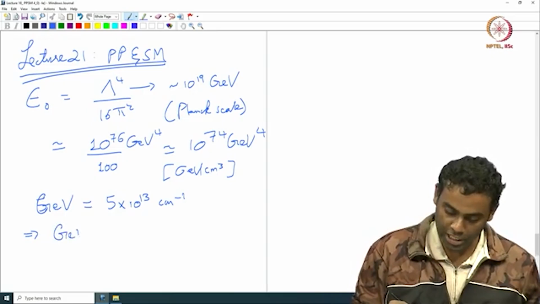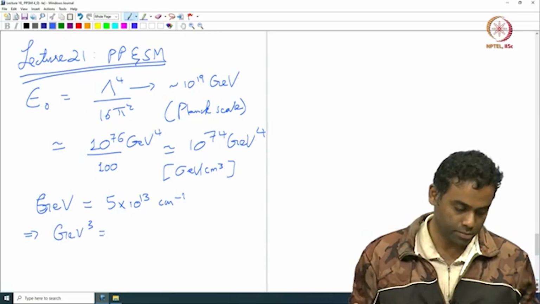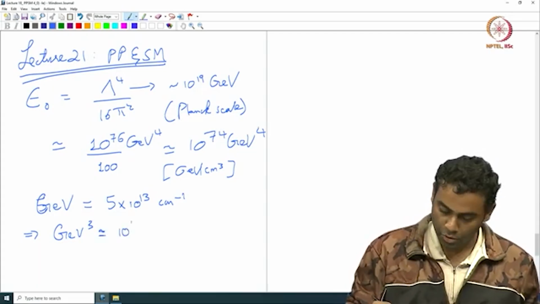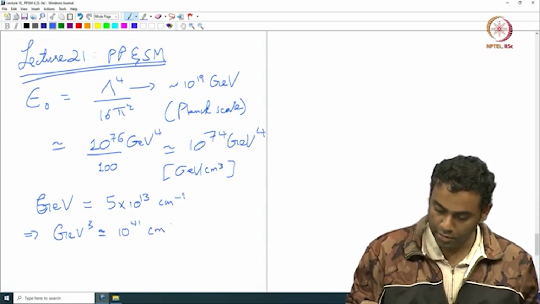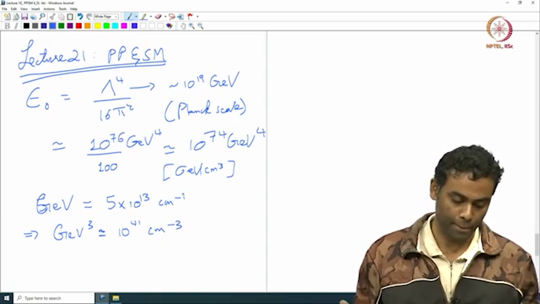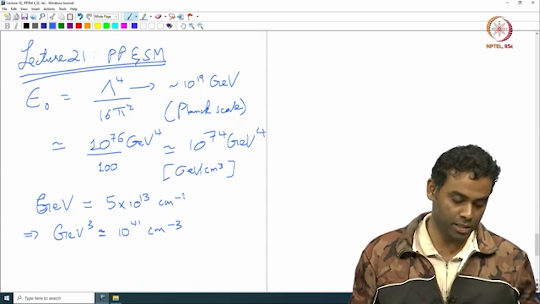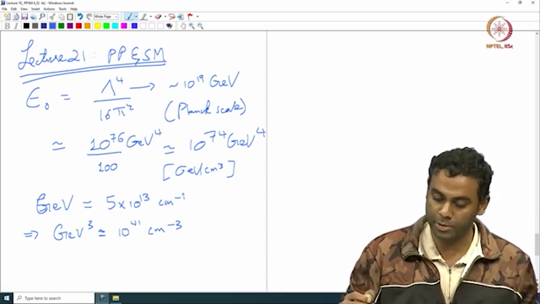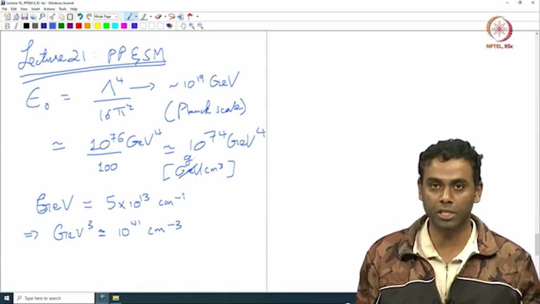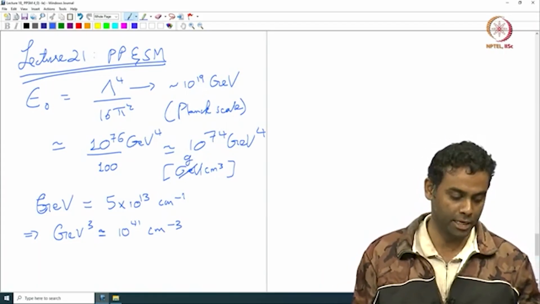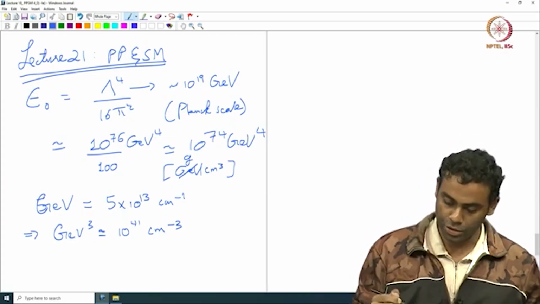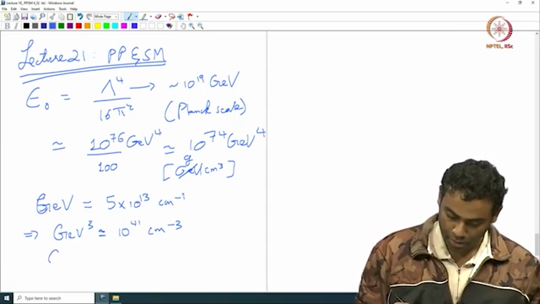So I can pull out a GeV cubed, that will give me around 10 power 41 inverse centimeter cubed, right? Okay, in fact, to make this even better, let us see this in terms of grams per centimeter cube, not GeV, because we are much used to grams per centimeter cube in day to day experience. So let me give you one more conversion then.